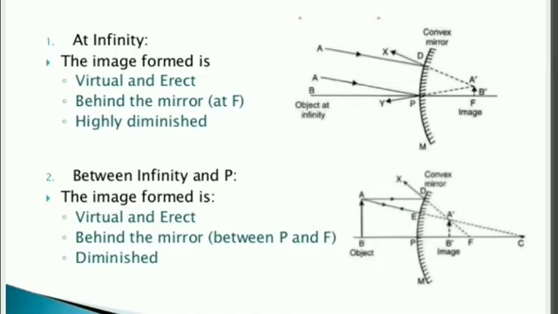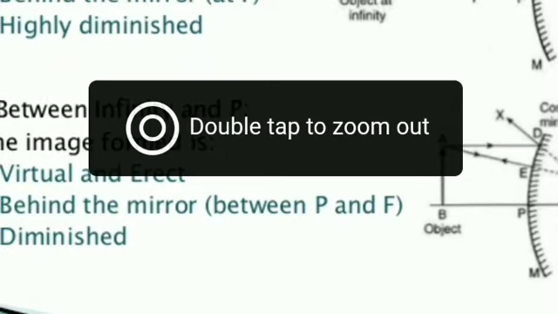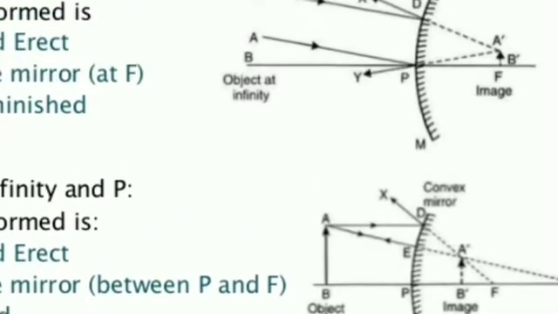As you all know, a convex mirror is a mirror in which the outer surface is reflecting and the inner surface is polished. In this, students, we have only 2 cases. First one is when we keep the object at infinity. Then you see that virtually you are getting the image, isn't it?